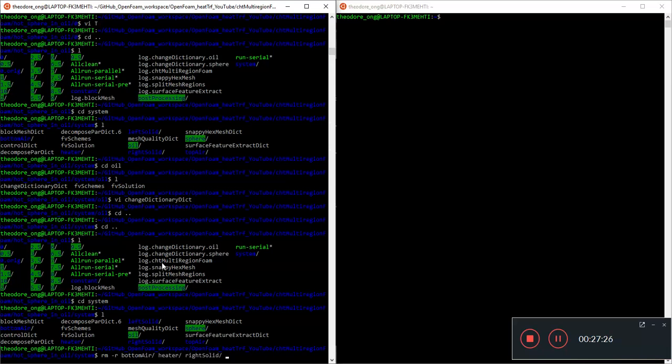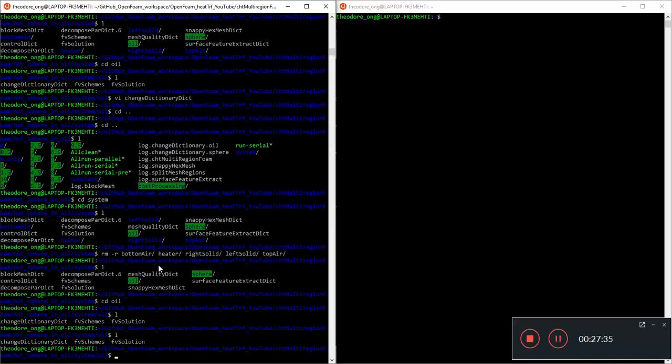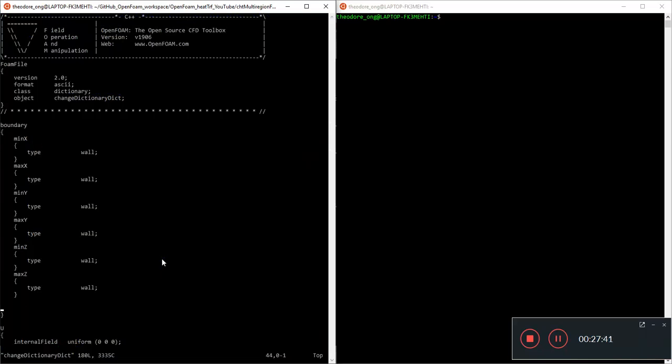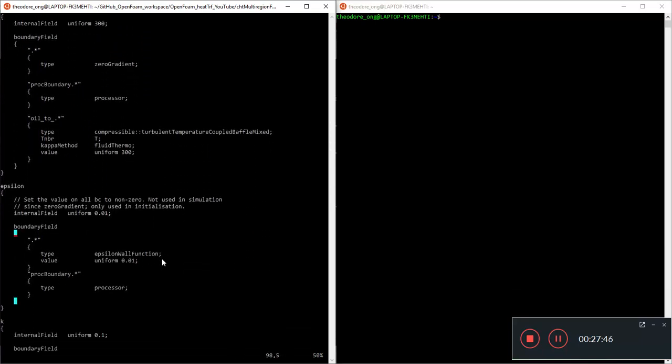Right solid, left solid, top air, bottom air. None of these are relevant anymore. What is relevant is the oil. So let's say we want the oil temperature to be about 600 Kelvin. That should give us a little bit of change in the direction of heat flow.